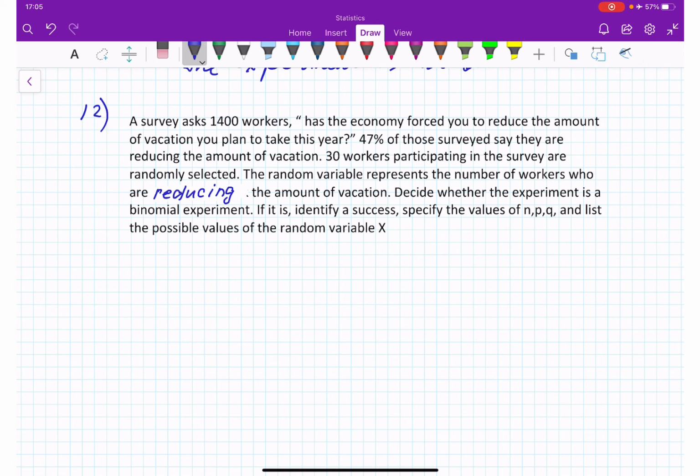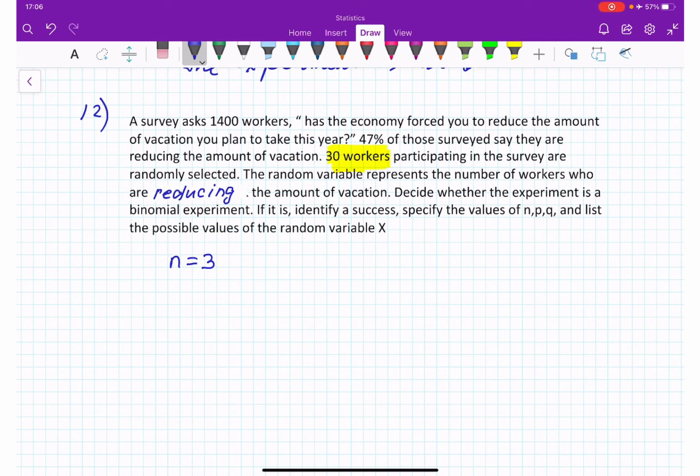So how many total trials are there? In our case, we have 30 workers participating in the survey, which means it's going to be our n. Assuming it can be binomial, n is going to be equal to 30, the total amount participating in the survey.